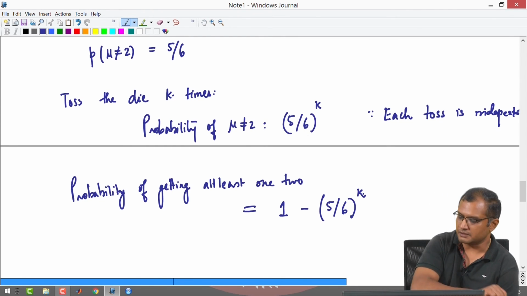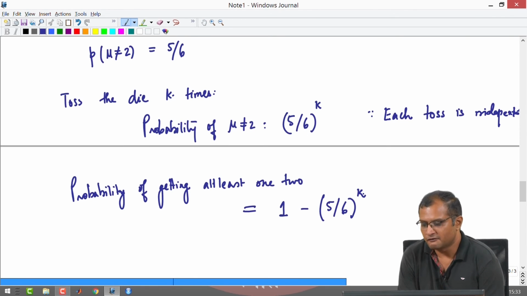So, the answer to the question is simply 1 minus 5/6 to the power k.